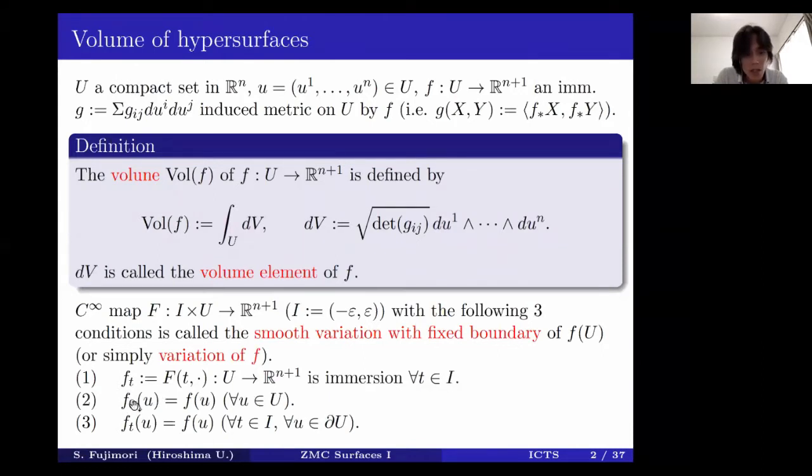And F sub 0 coincides with the original F. And F sub t of u is equal to the original F if u is in the boundary of U. So the boundary is unchanged, and F sub 0 is just the original hypersurface. In this case, we say capital F is called a variation of F with fixed boundary.